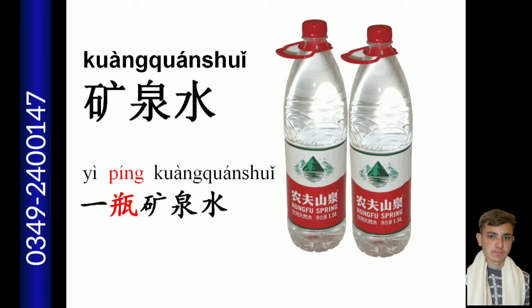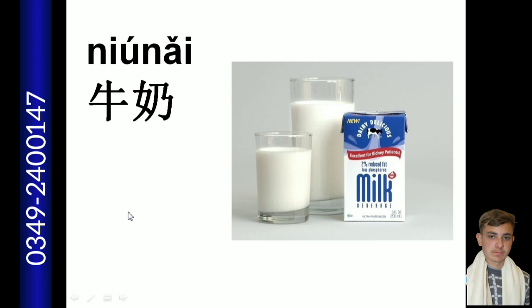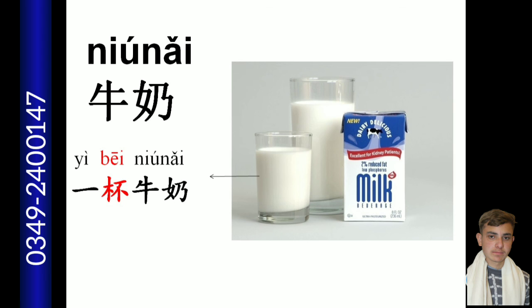Okay, so one bottle of water. We say 一瓶矿泉水. One bottle of, 瓶, measure word. Next one, milk. Milk, how to say? 牛奶. 牛奶, milk. A cup of milk, how to say? 一杯牛奶.